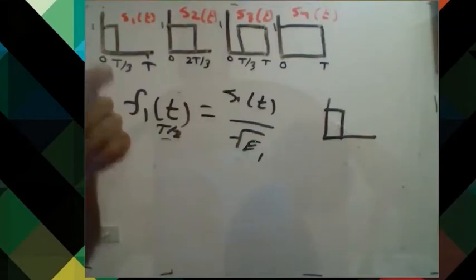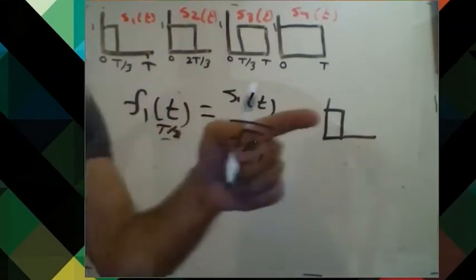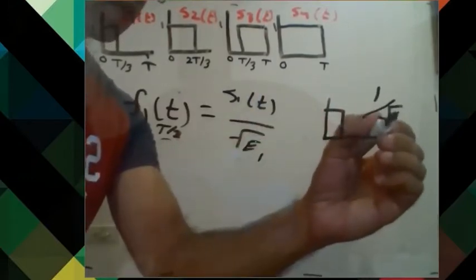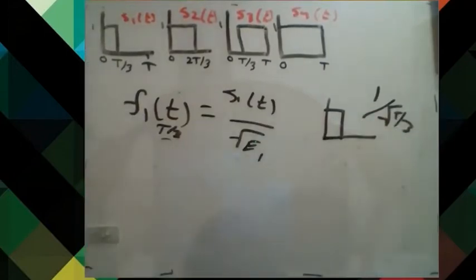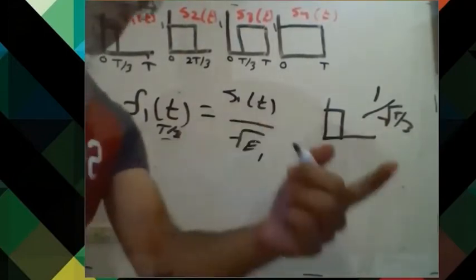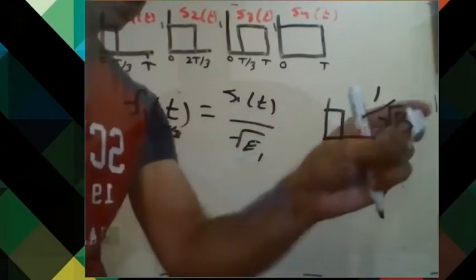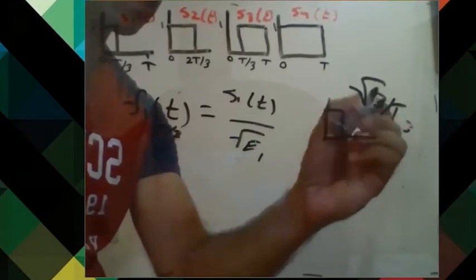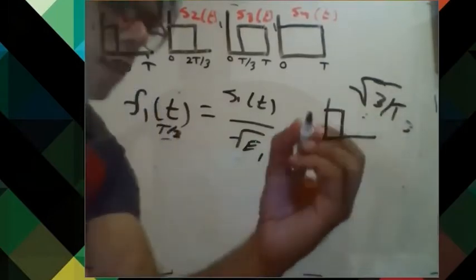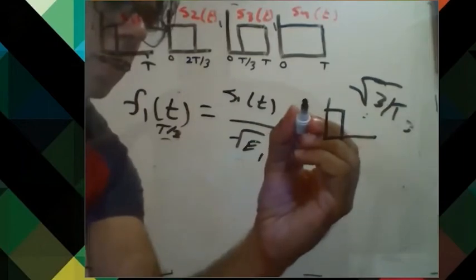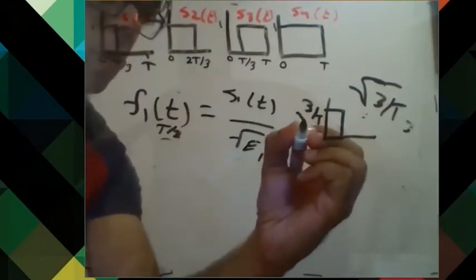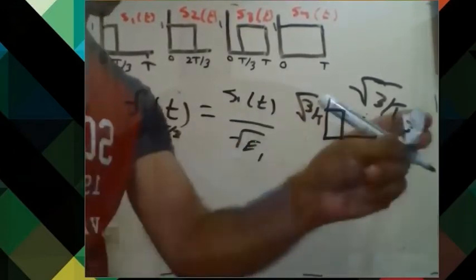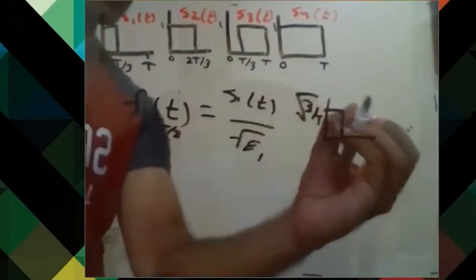The magnitude will be 1 divided by the square root of T/3, or written in a simpler way, the square root of 3/T, with the whole part under the root. So this signal is f1, the first orthogonal signal that I have found.